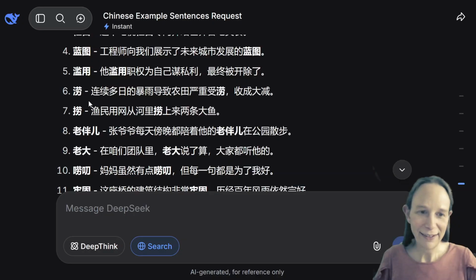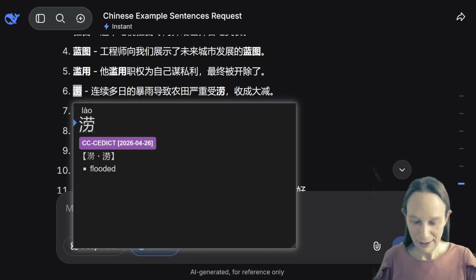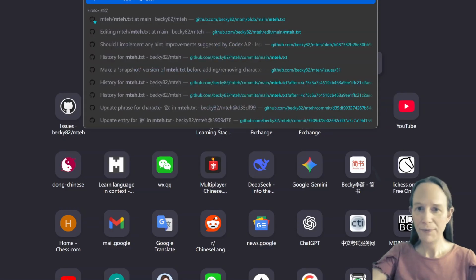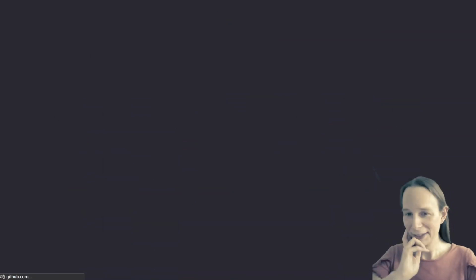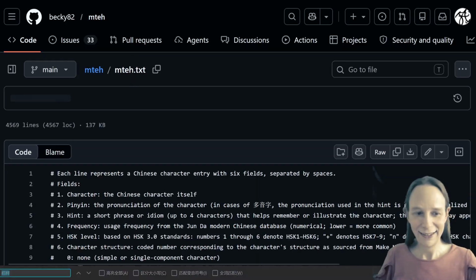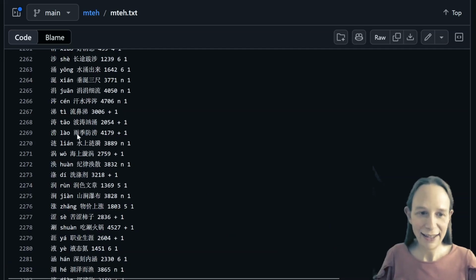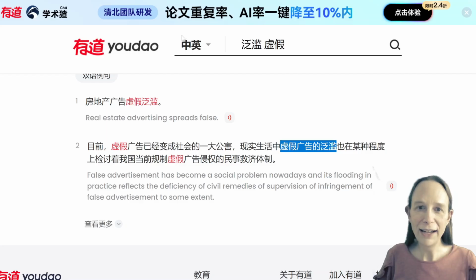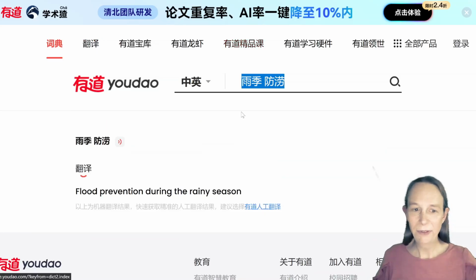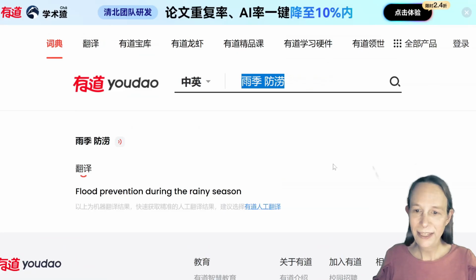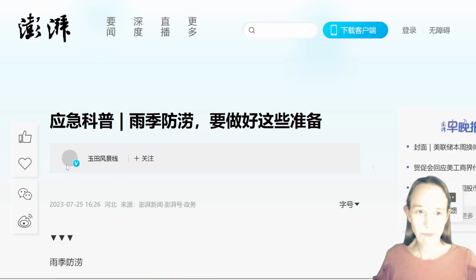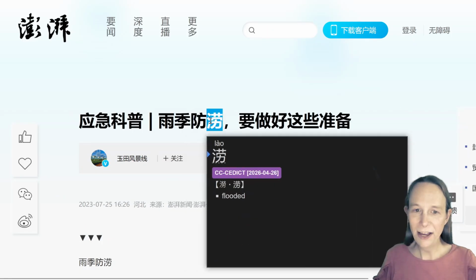All right. Lao. Actually, while we're here, is it in the corpus? Because I must have seen it. I included all the HSK characters. 雨季防涝. Rainy season prevent rain. What if I put that? 雨季防涝. There it is.